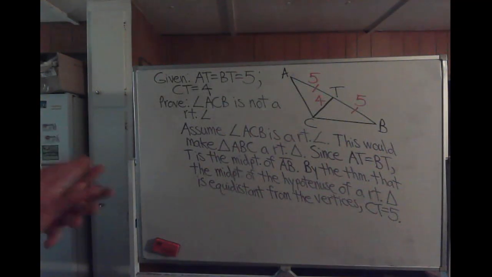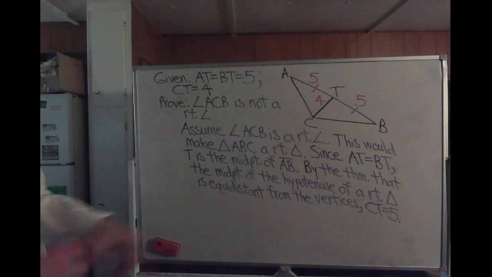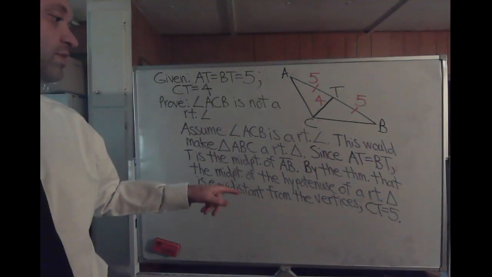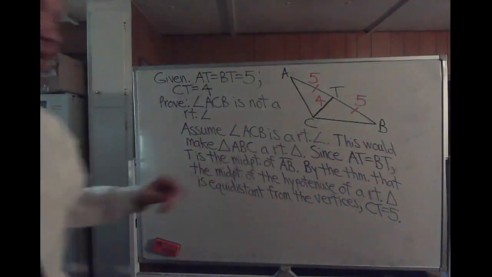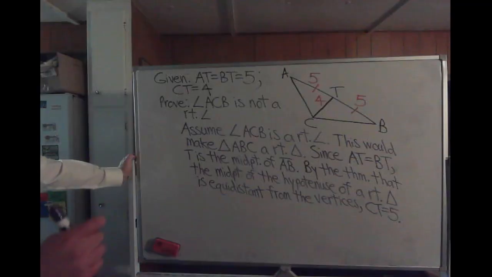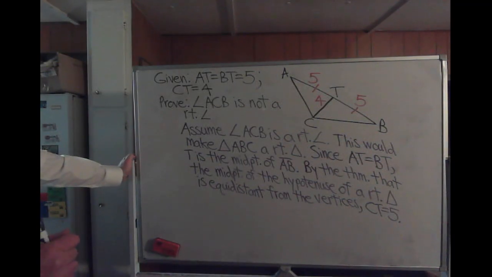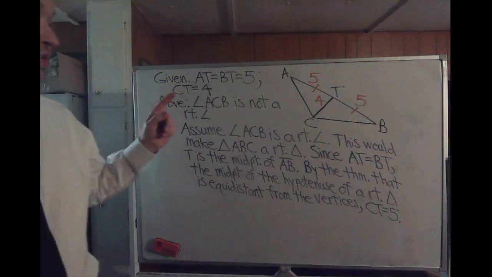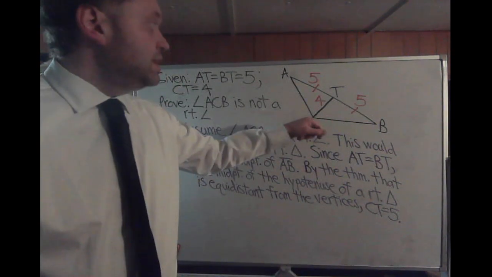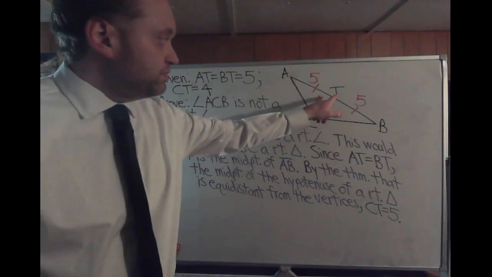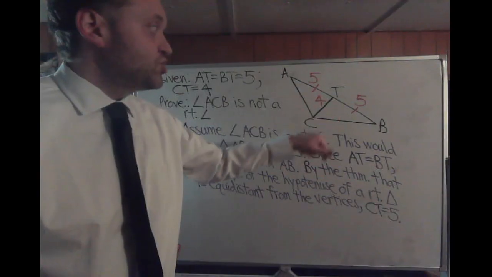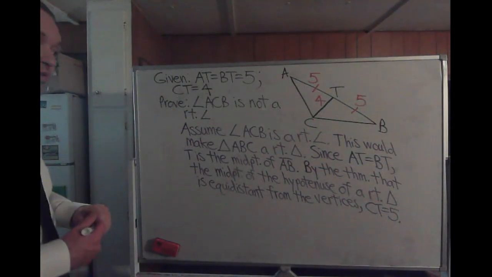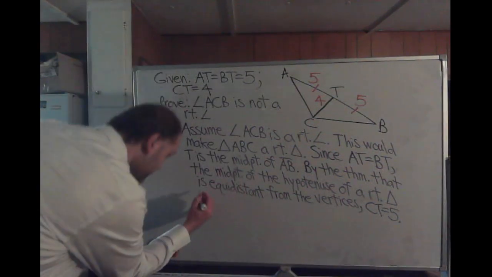So, again, assuming this is a right triangle, by the theorem that the midpoint of the hypotenuse of a right triangle is equidistant from the vertices, because AB would be your hypotenuse if ACB is a right angle, then CT is 5. So if this were a right triangle, AT would be 5, BT would be 5, and CT should also be 5, right?